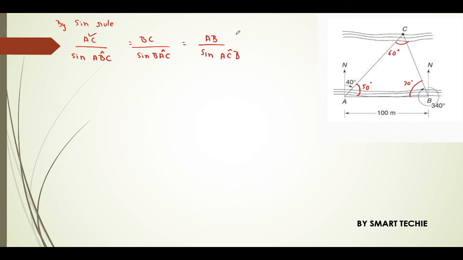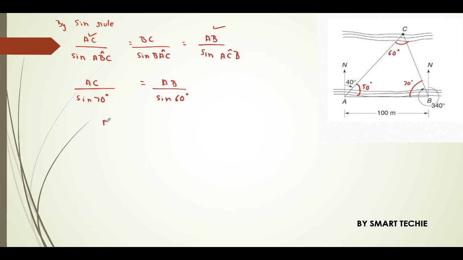I'll equate these two: AC over sine 70 degrees is equal to AB over sine 60 degrees.